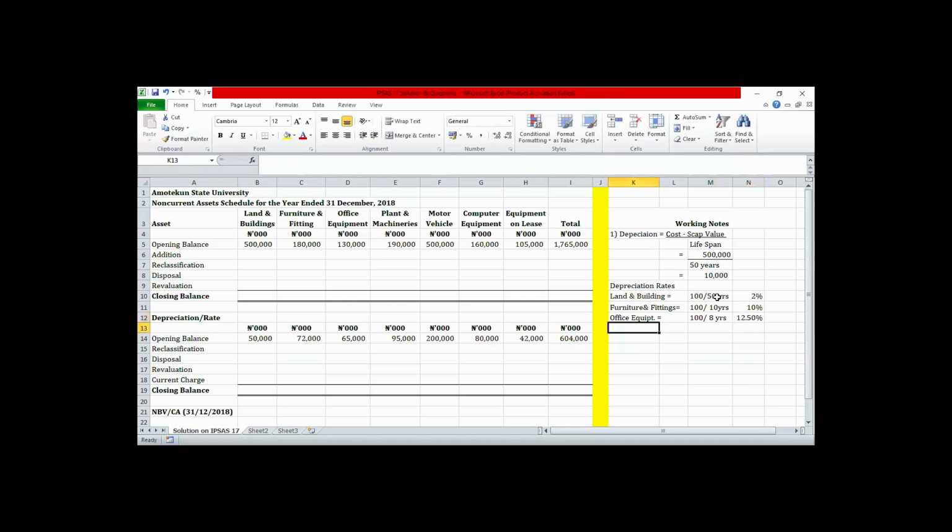The next one is plant and machinery. How many years is that one? 10 years. That gives us 10%.